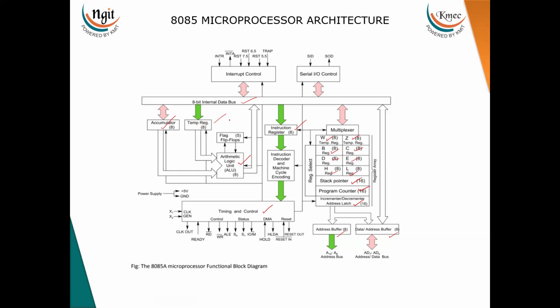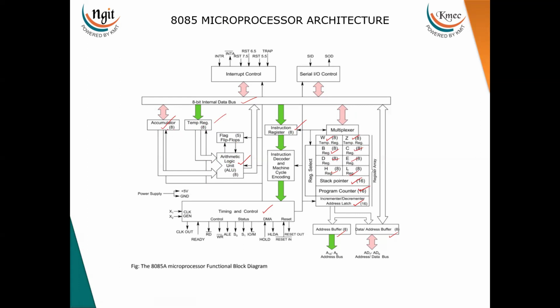So whenever the data is needed, if 2 operands are required for the ALU, one of the operands we have to store in the accumulator. One more operand, it may be in the memory location or it may be in any one of the registers. Before going to apply it to the ALU, that will be moved into the temporary register, and after that it will be given to the arithmetic and logical unit.